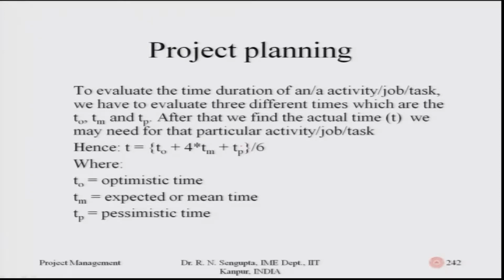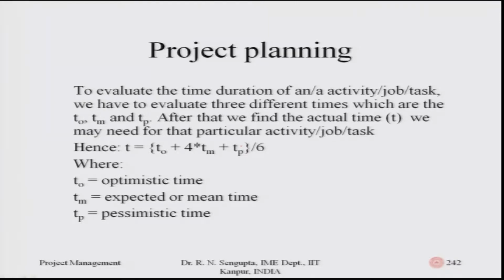Hence if I need to find out the actual time required to finish the job, considering the distribution is beta, the average is found out, and based on this average we will do the calculations, not the TM part. It is given by T = (TO + 4 TM + TP) / 6.